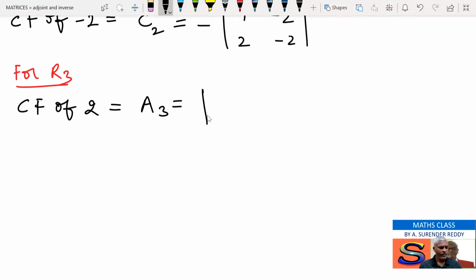So neglect R3 and C1. Then the remaining are -2 -2 1 -2.